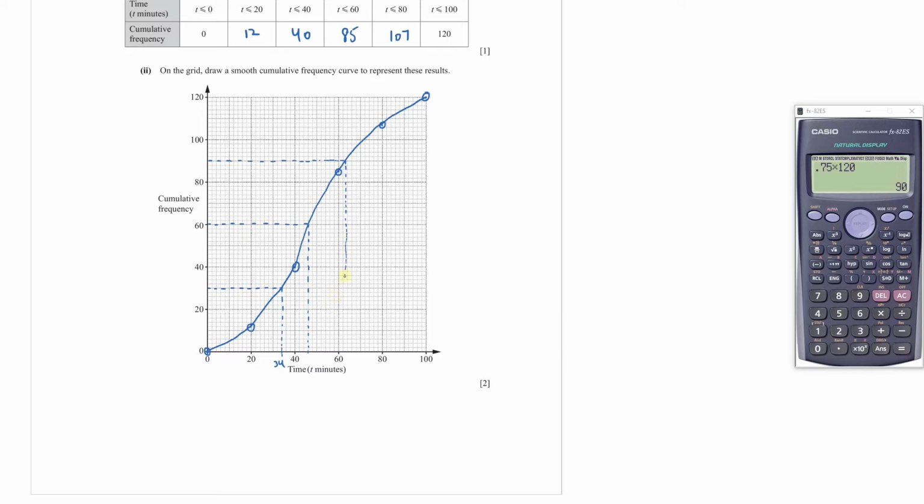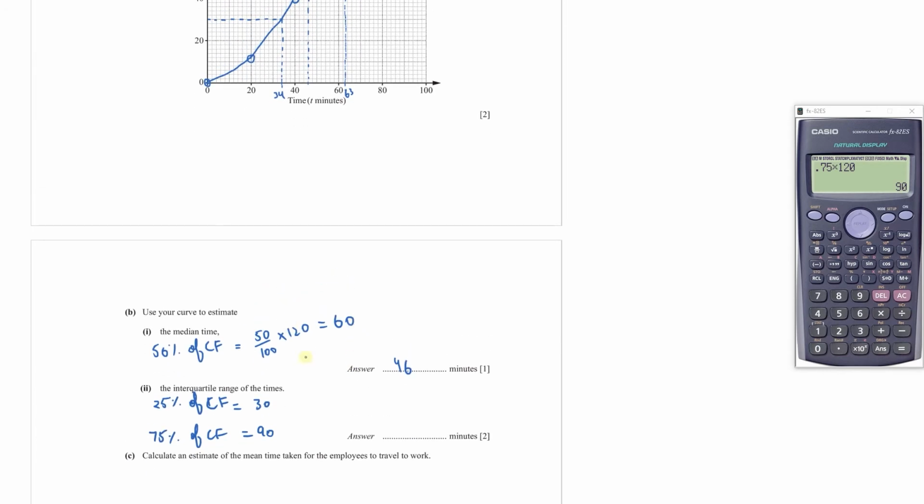I'm just keeping it in the middle of this small block. So this is 60, 62, 63. Yeah, correct. So your interquartile range will be 63 minus 34, which is 29.